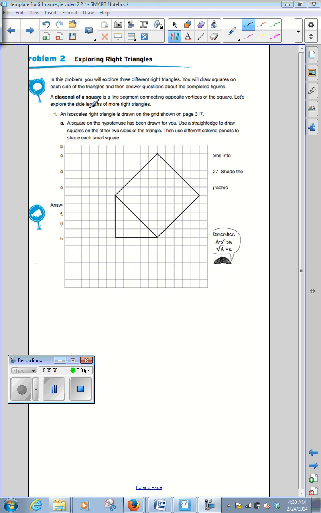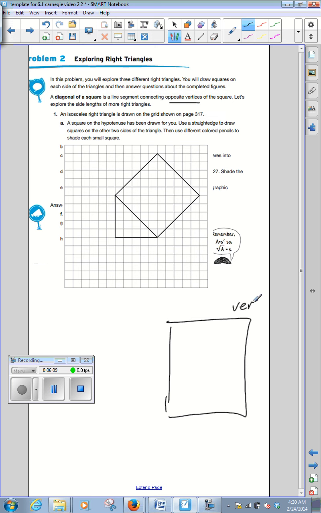A diagonal of a square is a line segment connecting opposite vertices of the square. So let's make sure we remember what a diagonal is. Of course, this is a greatly drawn square, but that's okay. It says it's a line segment connecting opposite vertices. Remember that this is a vertex. A vertex is the corner of the polygon.